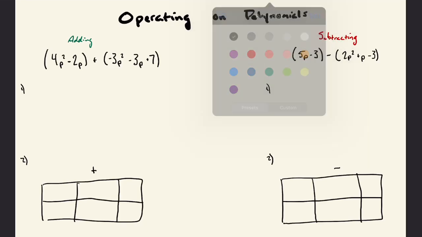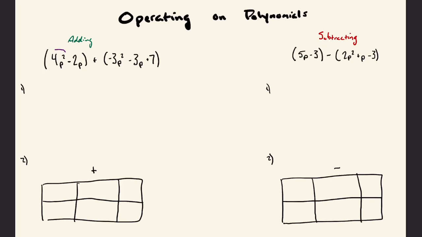So first thing I see here is this 4p squared, 4p to the second power. I want to find a term like that so I can add them together. And I see that one over here. They have the same variable, and it's to the same degree.